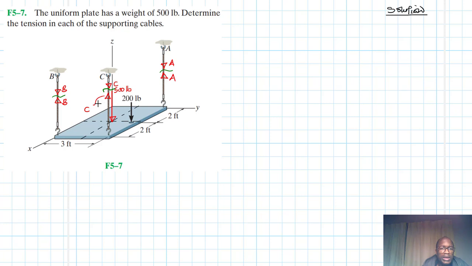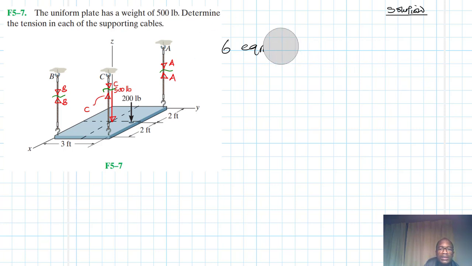Right, so we have three unknowns, and this is a 3D rigid body equilibrium problem. In 3D we have 6 equations of equilibrium: summation of forces in the x, y, and z, and summation of moments in the x, y, and z.